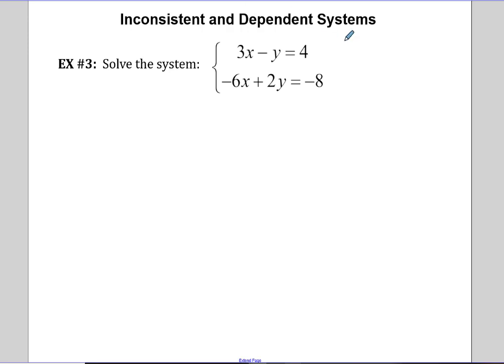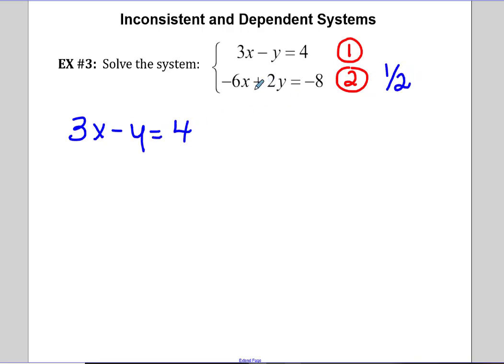In example 3, you might already see it that equation 2 is just 2 times equation 1. So if you take equation 1, 3x minus y equals 4, and you divide equation 2 by 2, you're going to get negative 3x plus y equals negative 4.